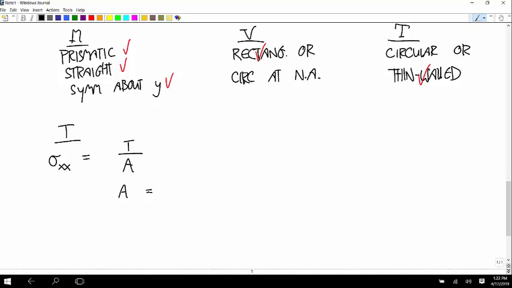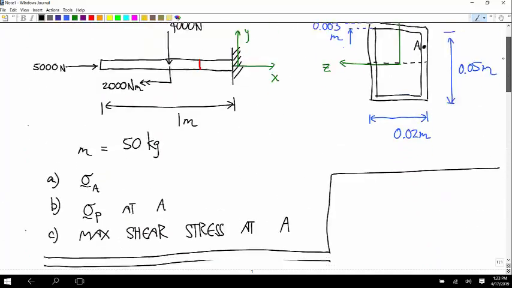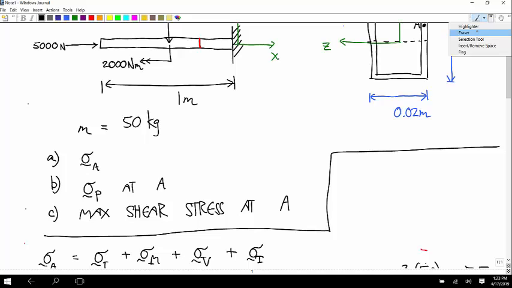The outer is 0.02 times 0.05. The inner, the wall thickness is 3 millimeters. And so you're removing that wall thickness from both sides.